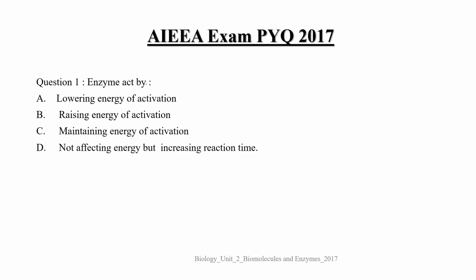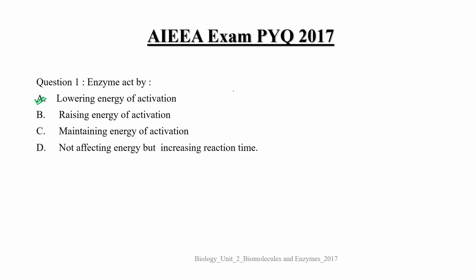Enzymes act by... this is your question. Now, what is the correct option out of these 4 choices? Yes, you are right. The correct option is option number 1, or option A. Enzymes decrease the activation energy, lowering down the activation energy.